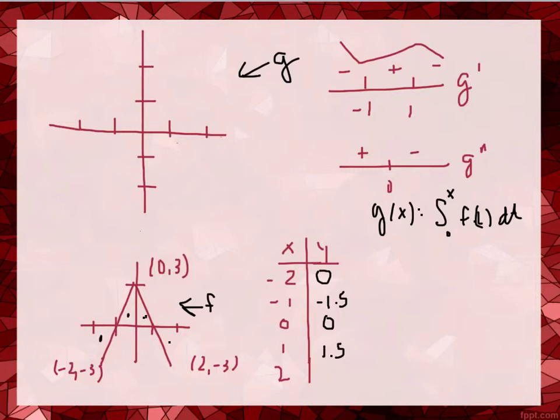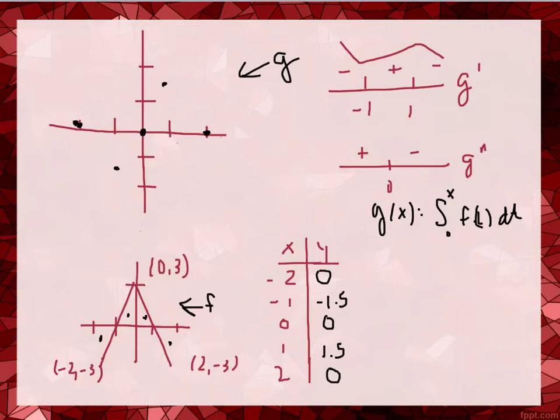But again, we've got as much above the axis as we do below the axis, so that's 0. So that's going to allow me to plot some points here. Negative 2, 0. Negative 1, negative 1.5. 0, 0. 1, 1.5. And then 2, 0.